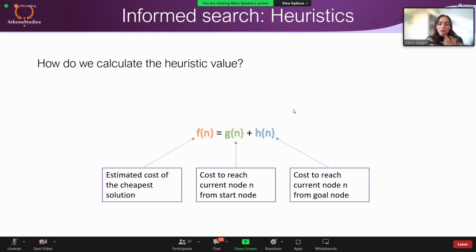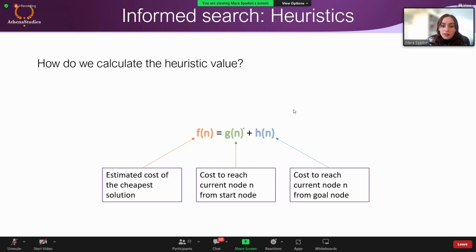Okay, and how do we calculate this heuristic value? We usually have this formula here, which is used for A search and A star search as well. f(n) stands for the estimated cost of the cheapest solution, so the estimated cost to the goal that we want to know for a certain node.